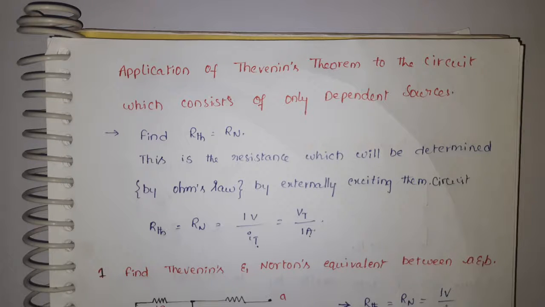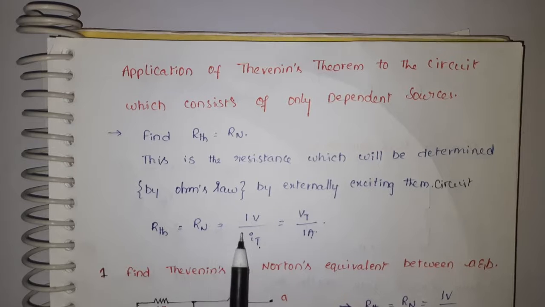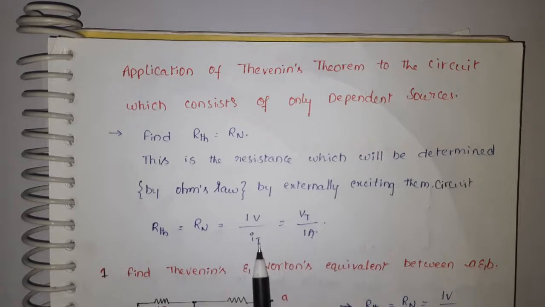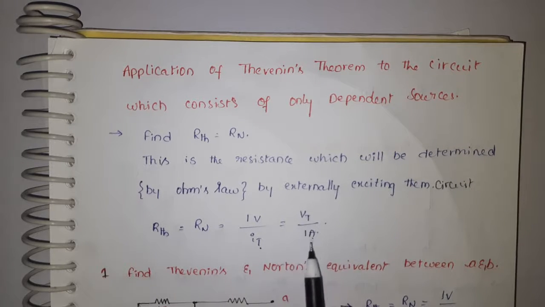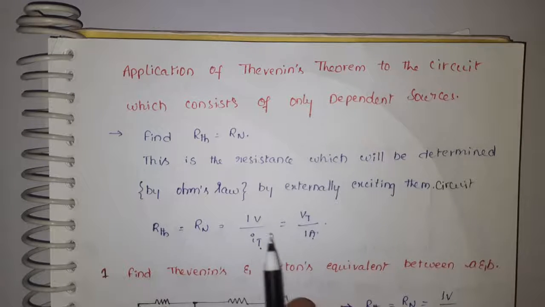Okay friends, the procedure we are going to follow to find RTH and RN is to excite the circuit externally by using either a 1 volt voltage source or a 1 ampere current source, and by applying Ohm's law, RTH equal to RN will be 1 volt by IT, or VT by 1 ampere.